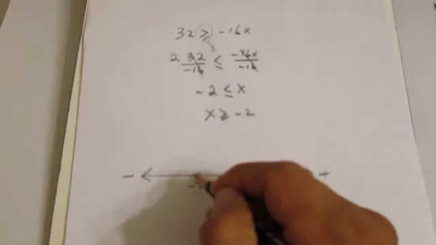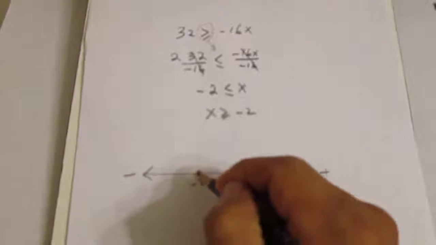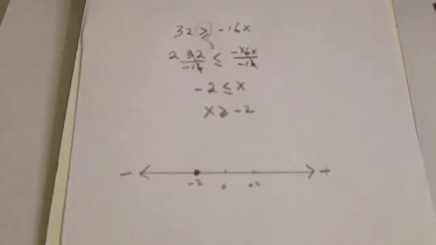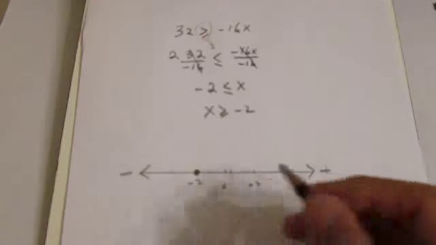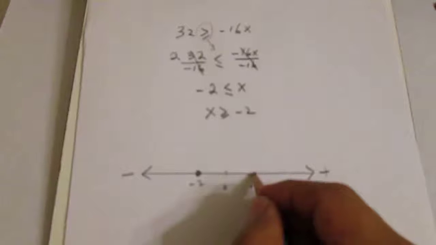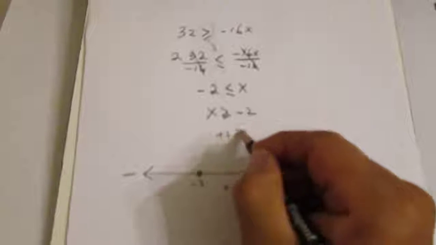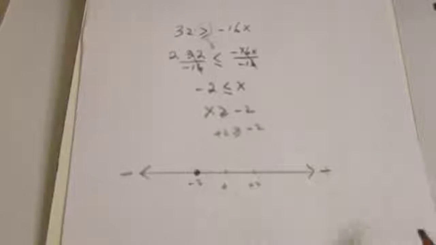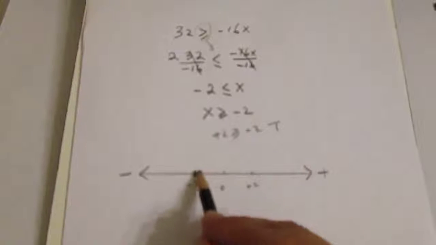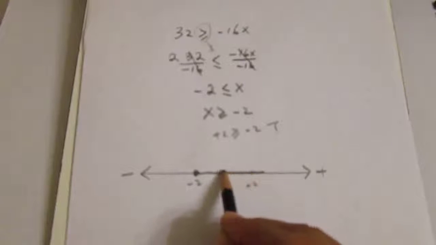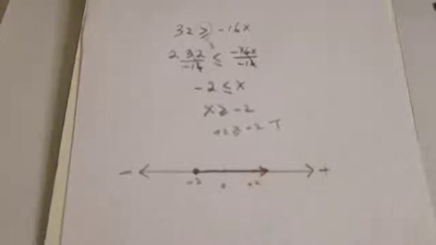Since it's greater than or equal to, therefore I'm going to make a solid dot, and then do the test. So I'm going to pick the one on the right, which is positive 2. See what happens. Positive 2 is greater than negative 2, so it's true. Therefore I'm going to stick with the line on the right hand side.